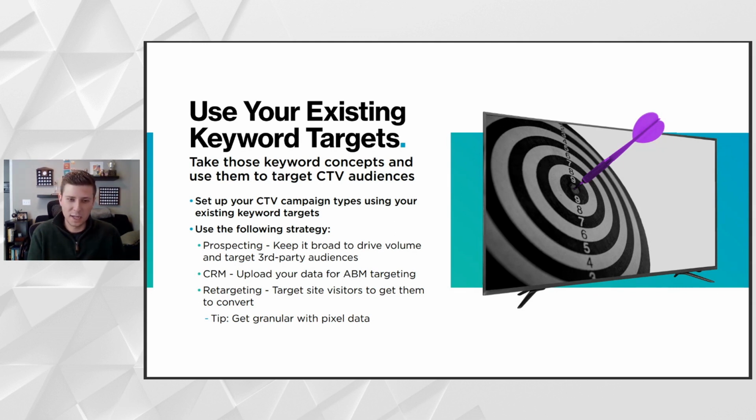One extra tip that I added there at the bottom for retargeting: get granular with your pixel data. So think about, I'll use the retailer example for the third time. If you are a retailer with electronics and apparel, for example, you can build out audiences of users who have visited each of those categories on your site. So instead of just targeting anyone who's visited your site and kind of guessing on what creative might resonate with them, get as segmented as possible while still keeping the scale at a sufficient level.